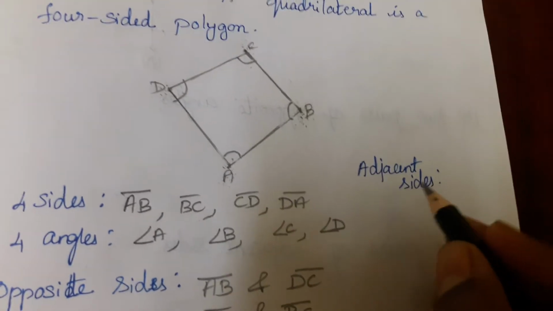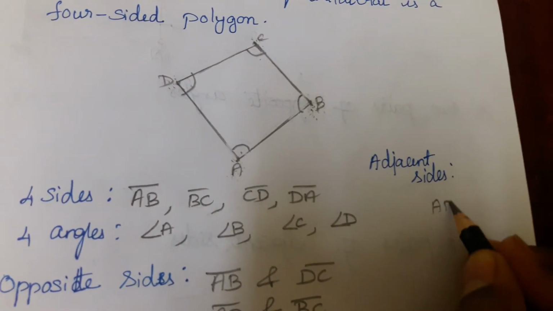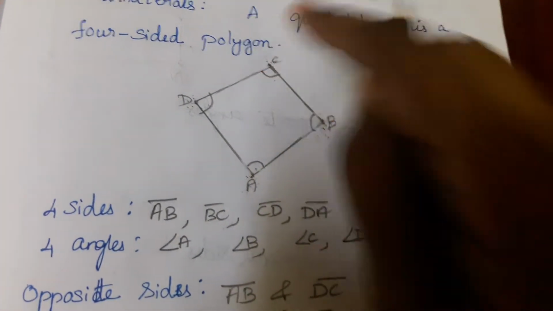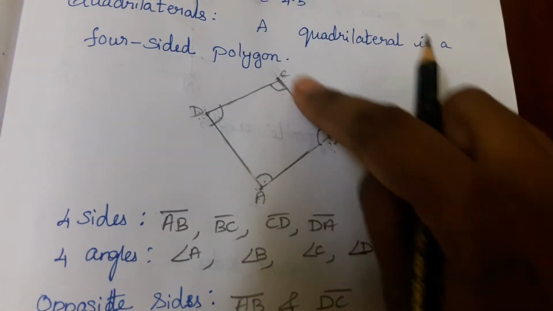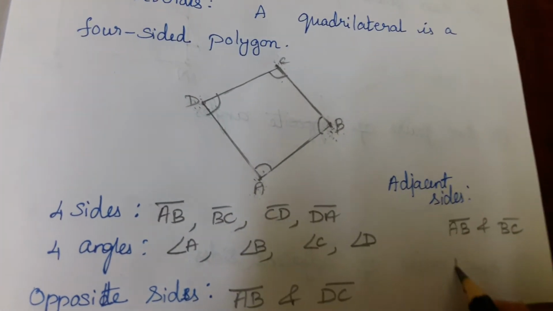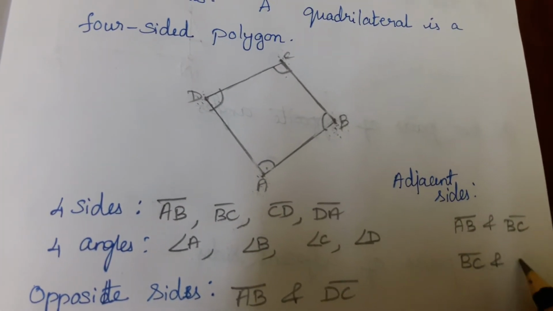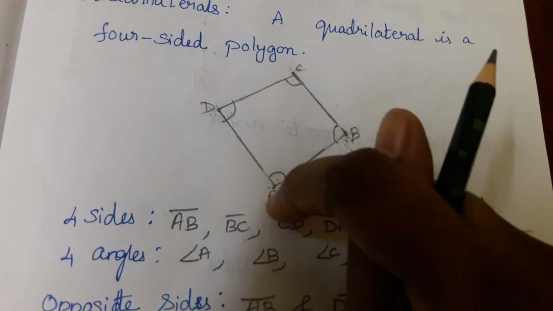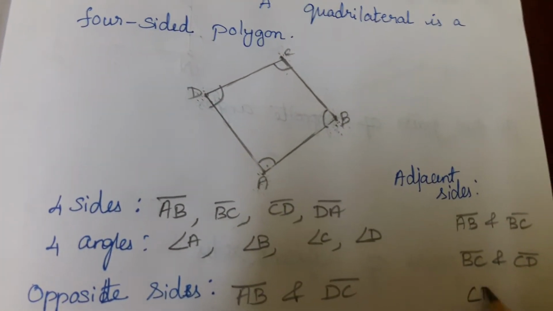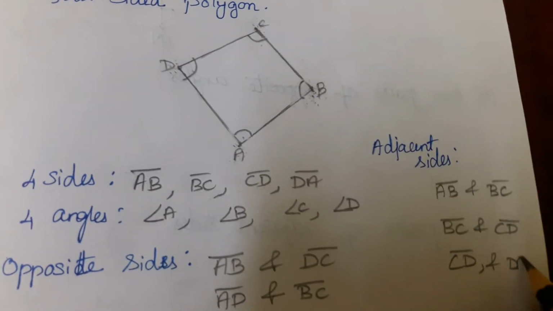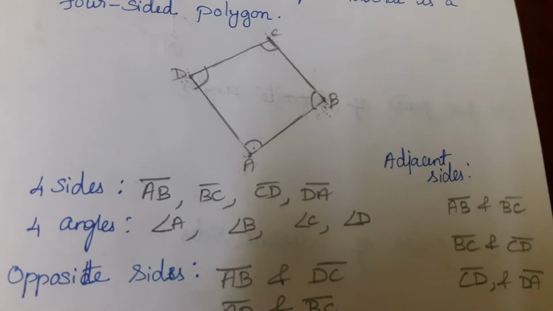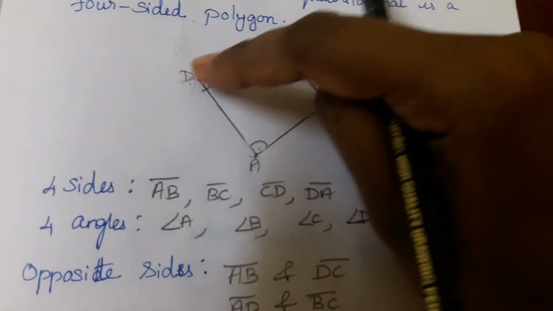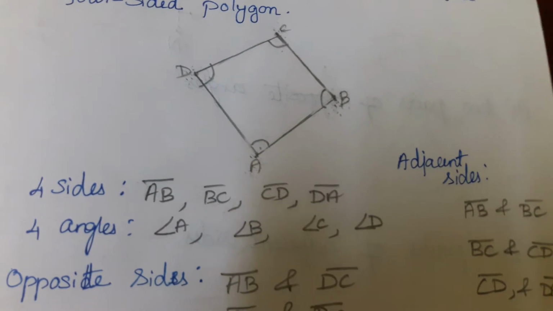So, the adjacent sides are AB and BC, BC and CD, CD and DA, and DA and AB.